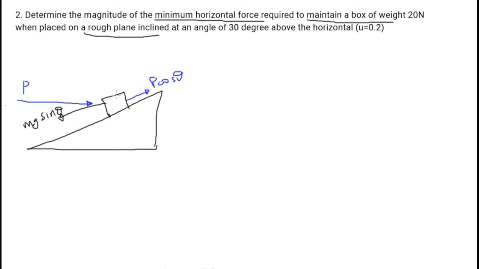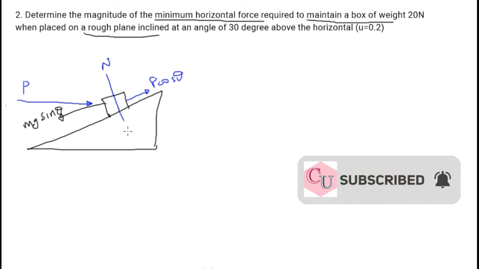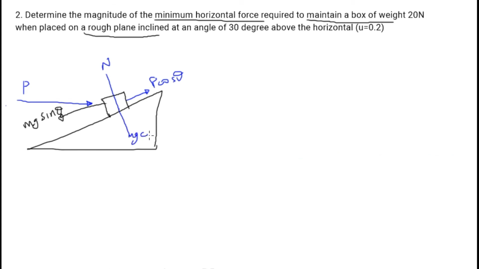Then there will be a normal force N acting on the object, and perpendicular also, mg cos theta. There will be a vertical component of P as well, just like the other problem, which has to be P sine theta. Now the direction of the friction would be up the inclined plane.